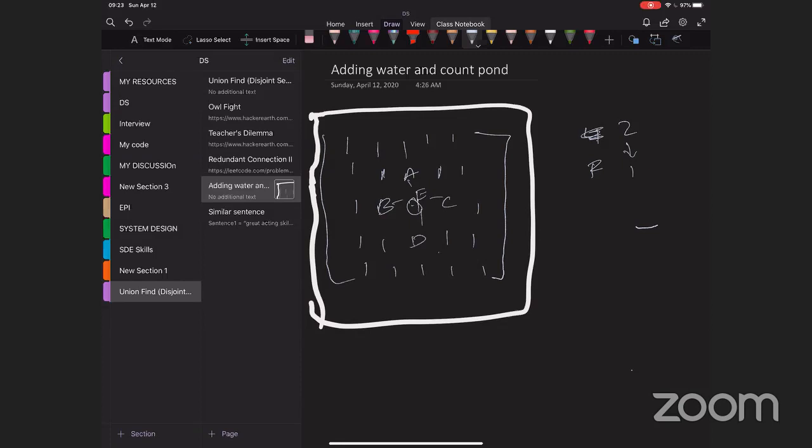But then, if the A island is big, then you have to traverse the whole A island to mark it. All of them are going to have a new ID. Yes, correct. And all the islands can be big, right?